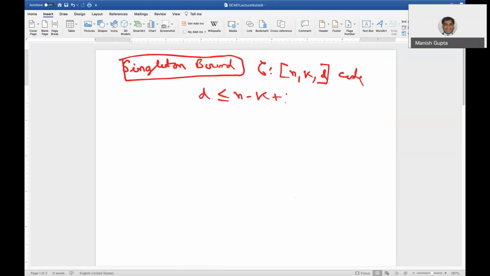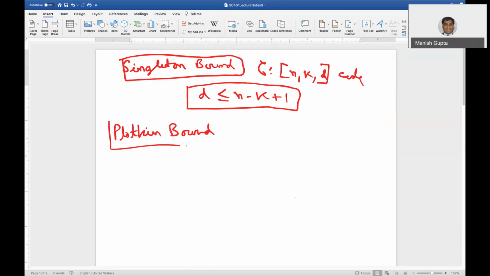This is a very important bound known as the singleton bound. This is something we already discussed. Now I am going to discuss another very important bound. We already talked about the sphere packing bound, so I am not mentioning it here. Plotkin bound. These bounds are relationships between the parameters n, k, d, so they are really useful. A code is optimal if it meets one of these bounds with equality.